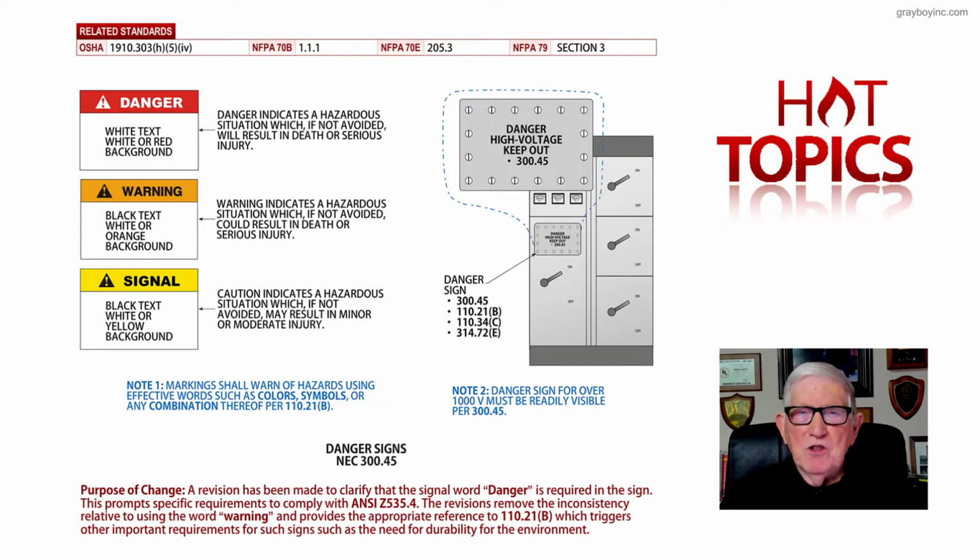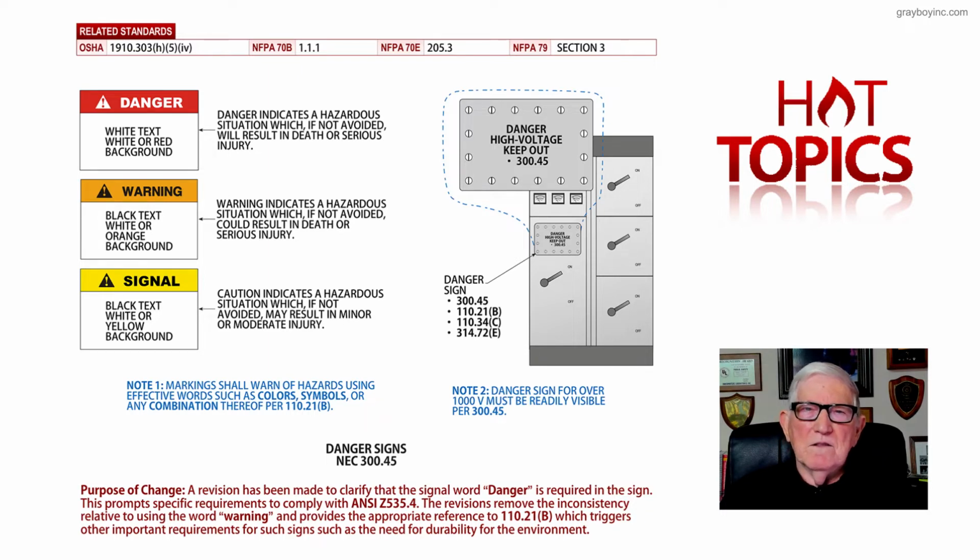Notice for this particular coloring and warning on a label, based upon the color of the label, the purpose of change refers the user to the ANSI Z535.4 standard in accordance with, basically, 110.21(B) of the NEC.